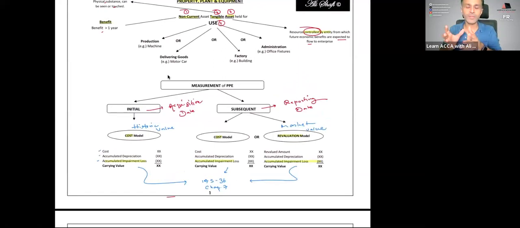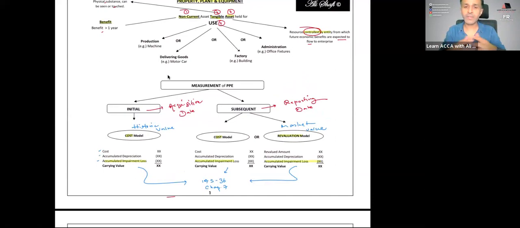Initially at cost, subsequently either at cost or the market value. Both models will allow an asset to depreciate and impair, while the topic of impairment is not part of today because it's just another standard, another chapter. Rest we will definitely be able to talk about.